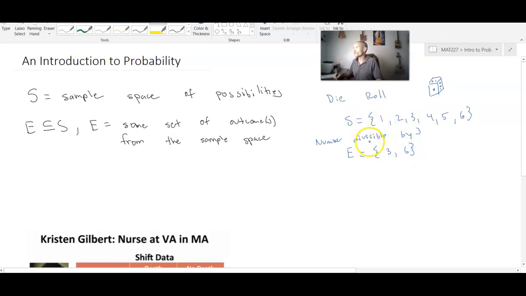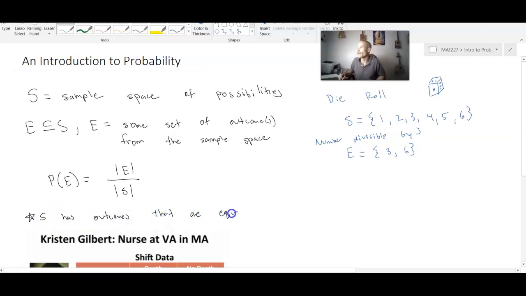And so the probability of an event is defined by the number of ways in which that event could occur divided by the size of the sample space. In other words, the size of set E divided by the size of set S. And what we're assuming here is that S has outcomes that are equally likely.